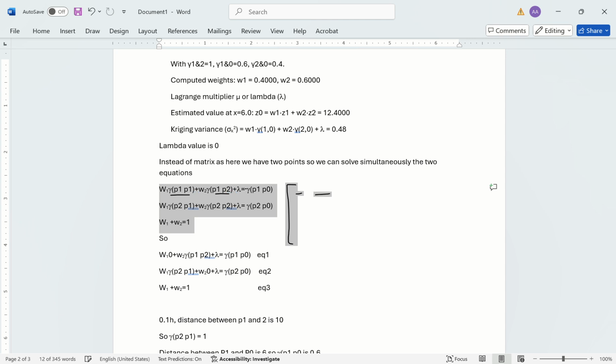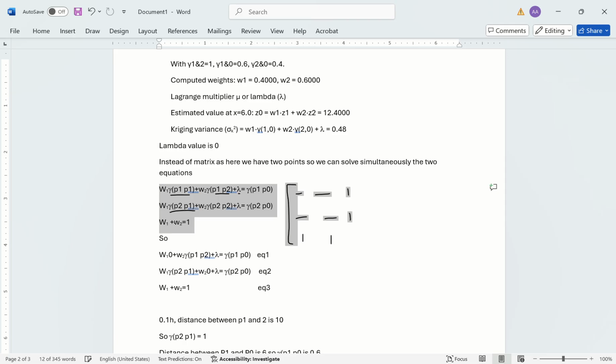Then this would have been the second term, and the third, its coefficient would have been 1. Similarly, gamma p2 p1, gamma p2 p2, and lambda coefficient 1.